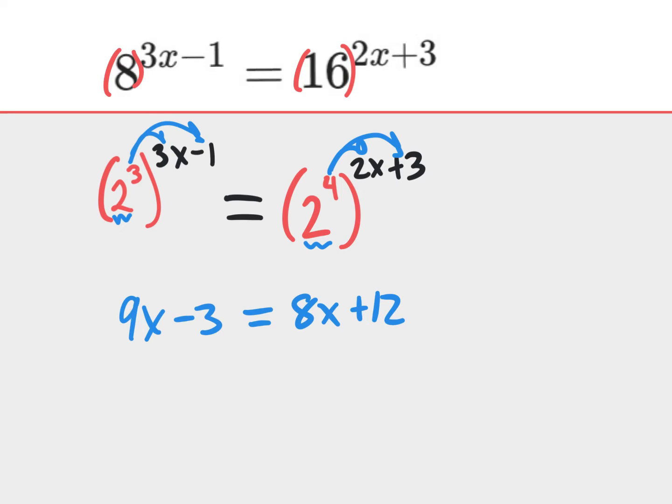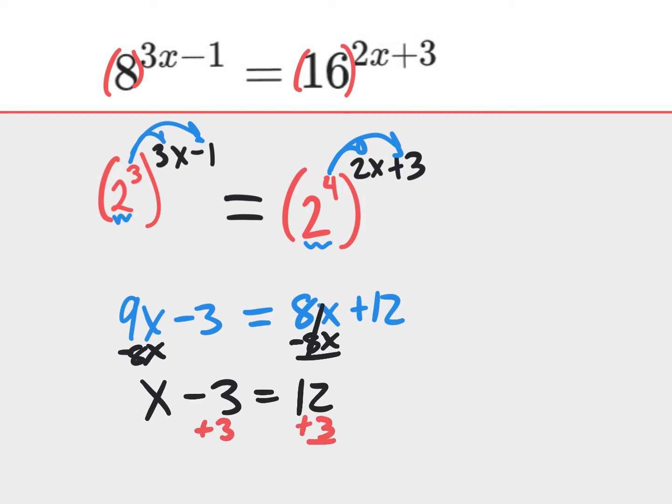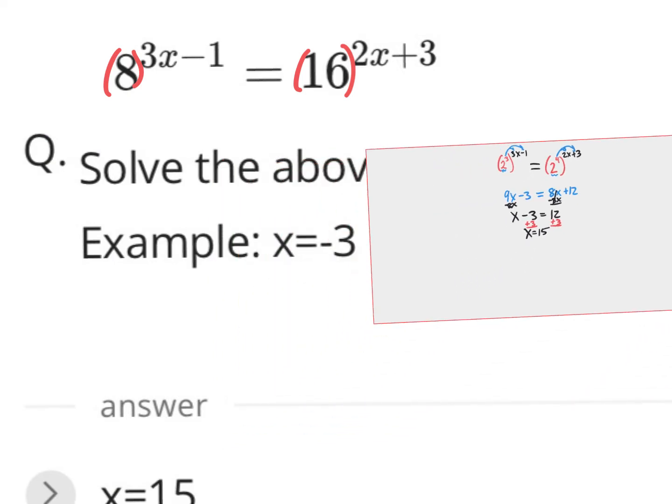We want to get x by itself on one side, so I'm going to move the 8x over to the left side. I'm going to eliminate it by subtracting 8x. I will have a single x minus 3 equaling 12. Final step, plus 3, plus 3. I will get x equals 15. So my answer is x equals 15.